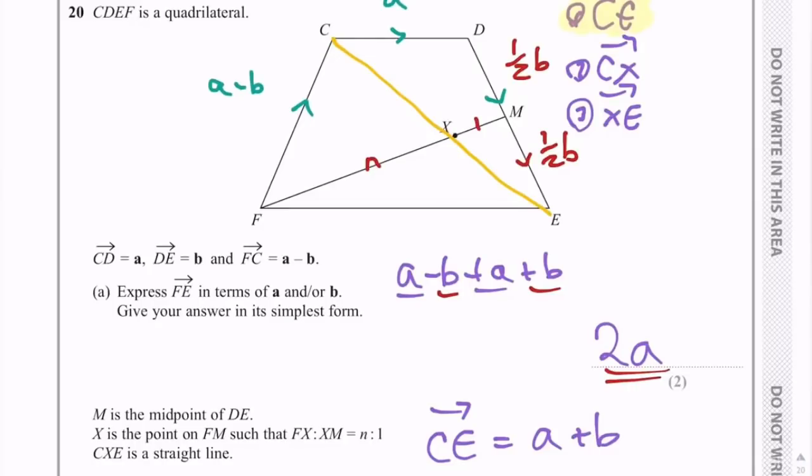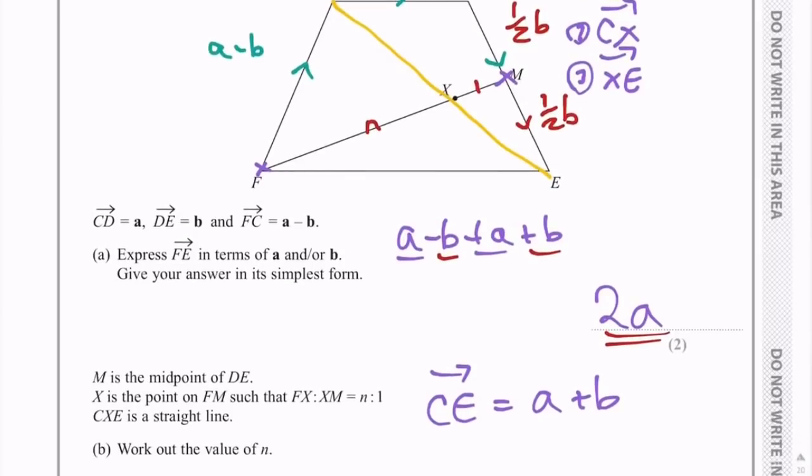Now, let's have a look at another part of this line. So what about F to M? Let's have a look at this actual line here that we're moving along. So to get from F to M, how do I actually do that?